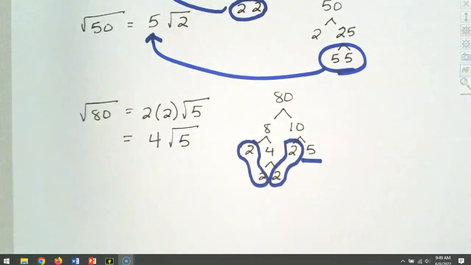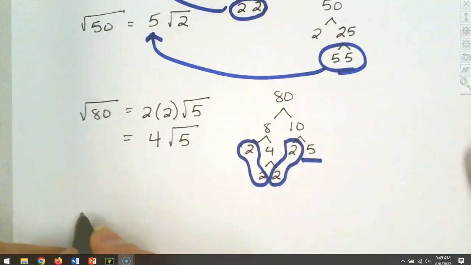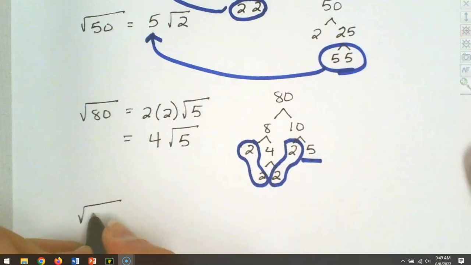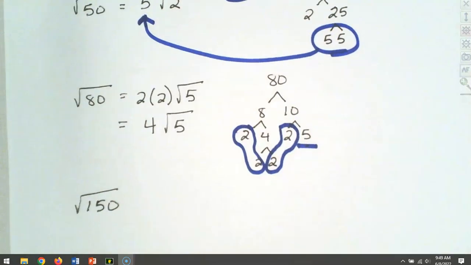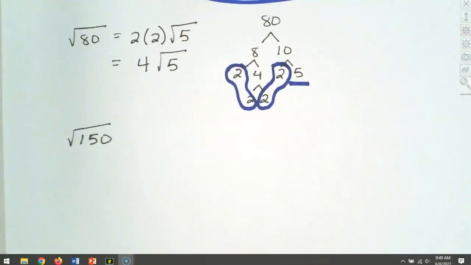Let's try one more of these. And then we'll talk about imaginary numbers, in complex numbers. Let's try one more. How about we try the square root of 150? Okay, so let's try 150.